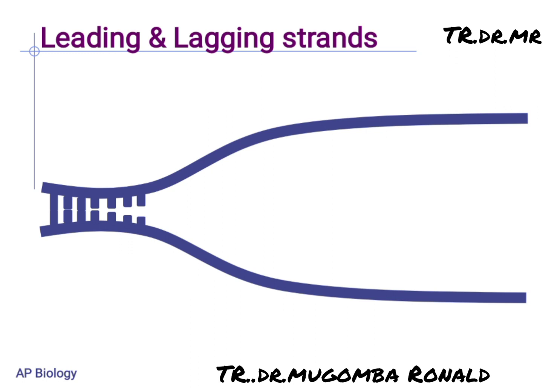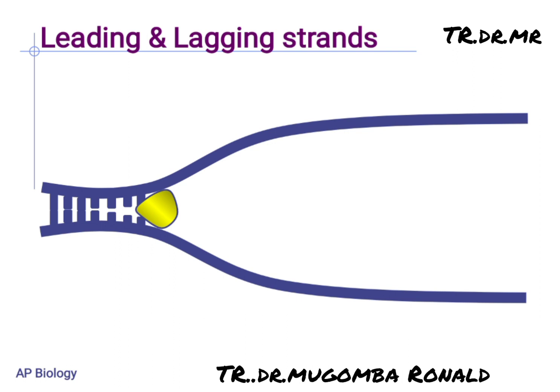When you look at DNA replication, you realize that we are using both strands of DNA. That is to say, we are using the DNA that is being read from the 3' end to the 5' end direction, and then we are also using the strand that is being read from the 5' end to 3' end, all of them as templates to form DNA.